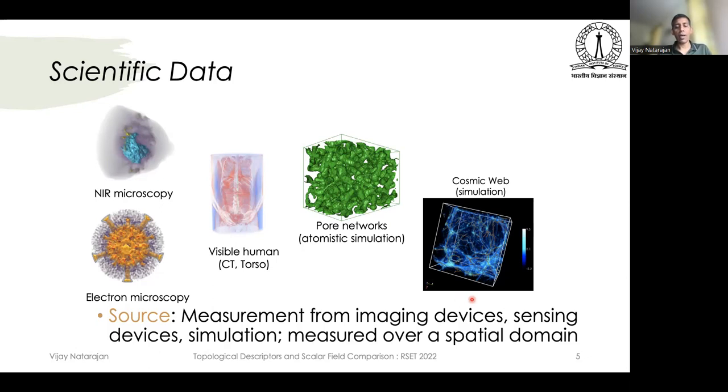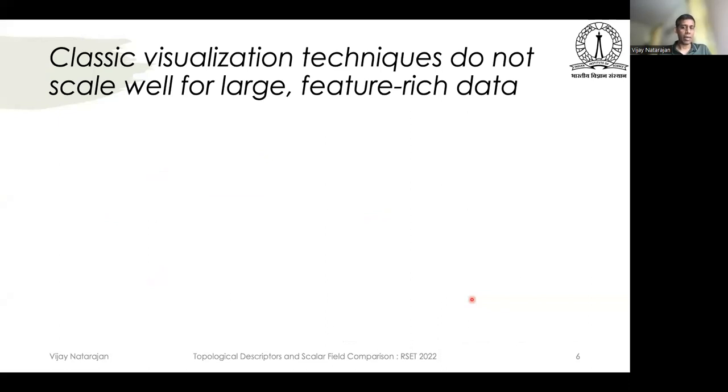Broadly, what is common among these data sets is that they are measured over a spatial domain, and they are represented as a scalar function, a real valued function over a spatial domain. Making sense out of this data is an interesting problem, and this is where visualization comes in.